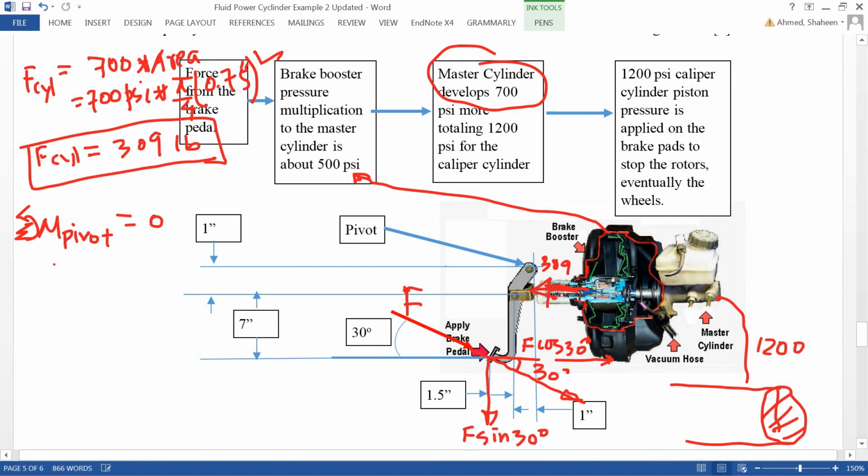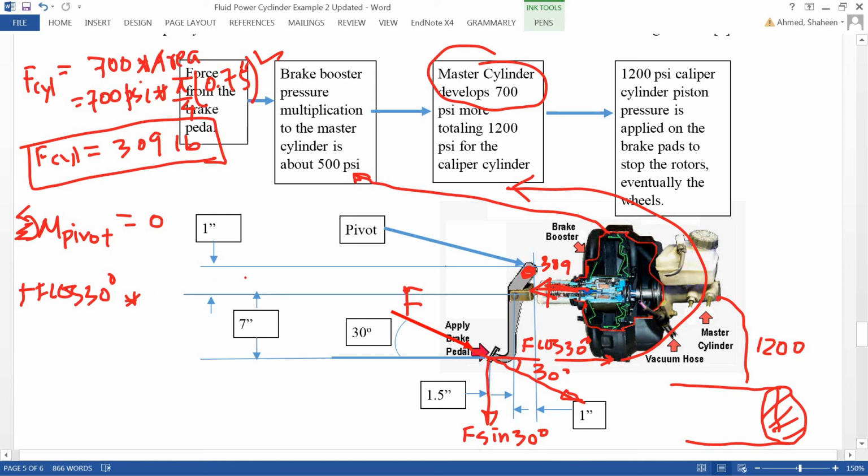Now let's take the moment with respect to the pivot point, so we are fixing it right here. Cosine 30 will make a counterclockwise moment, which is positive, F cosine 30 degrees times the distance.